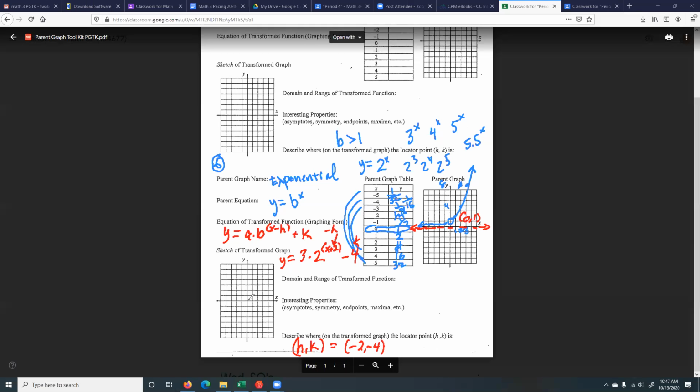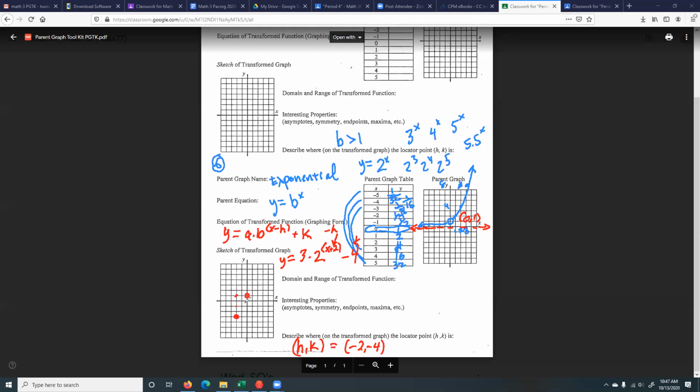So this locator point is going to move from (0, 1). I'm not starting at (0, 0), I actually need to start at (0, 1), right? And I need to go to the left 2 and down 4. Let me check this. Where does that put me? That puts me at negative 2, negative 3.